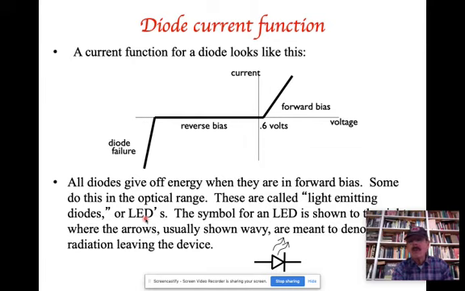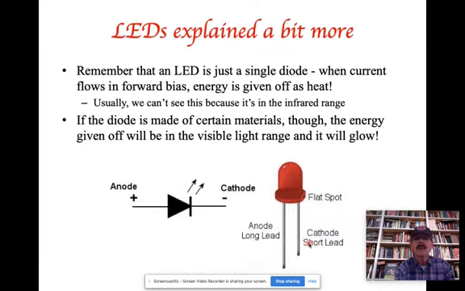So probably some of you, if you've bought flashlights lately, they're LED flashlights. They're very efficient. They give off a huge amount of light. They don't take very much energy. In any case, this is the symbol for an LED. It's just the symbol for a diode with a couple of little squiggly arrows showing that the light is coming out. This is what an LED looks like.